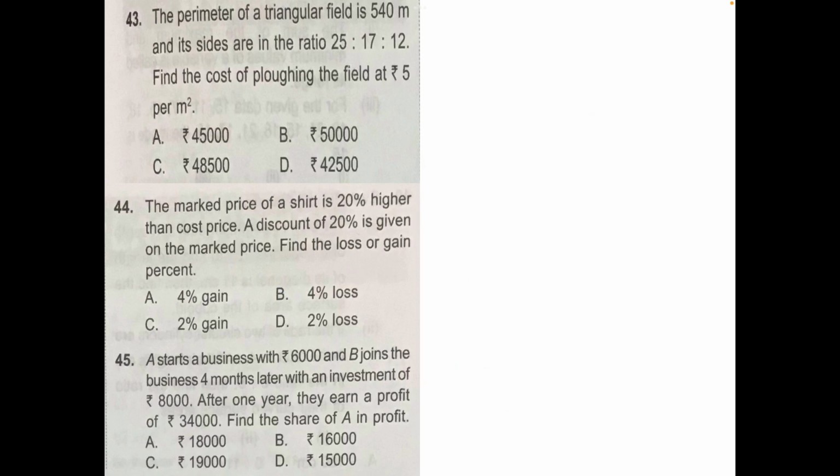Question number 45. A starts a business with rupees 6,000 and B joins the business 4 months later with an investment of rupees 8,000. After 1 year, they earn a profit of rupees 34,000. Find the share of A in profit. Solution.